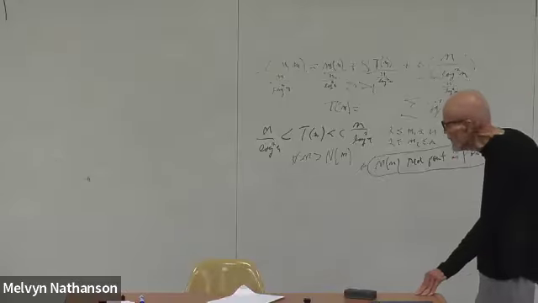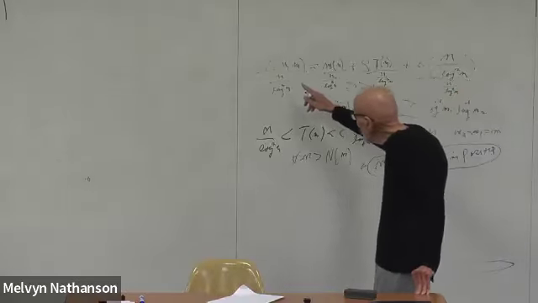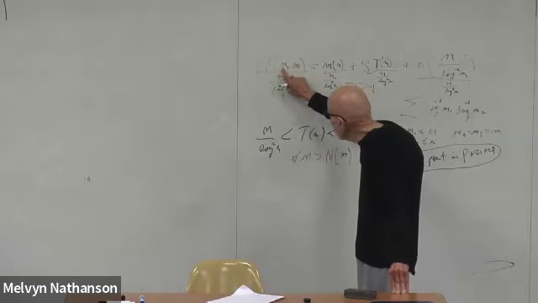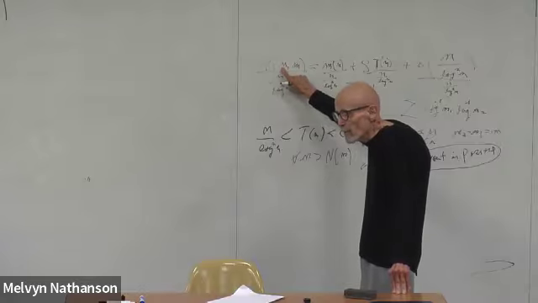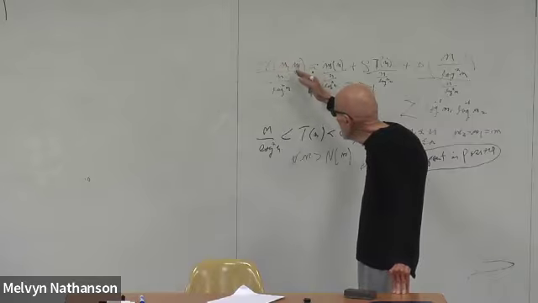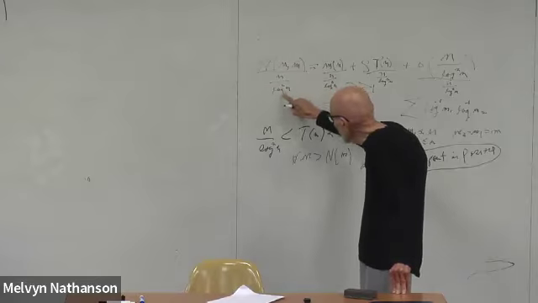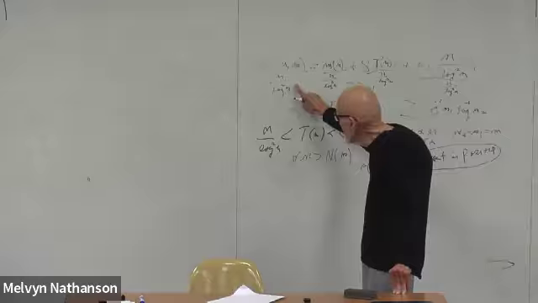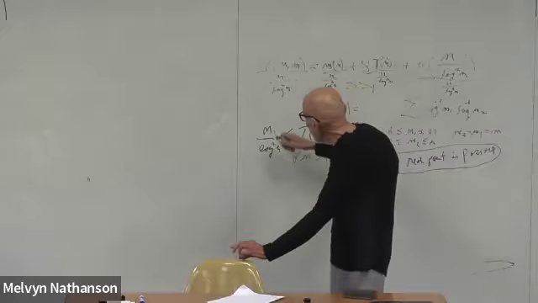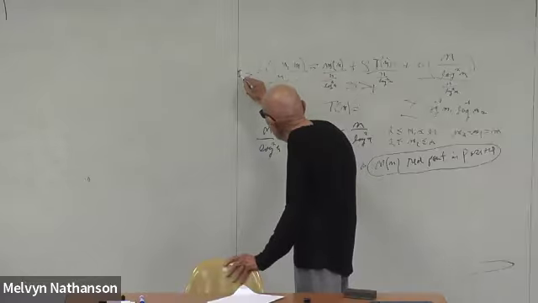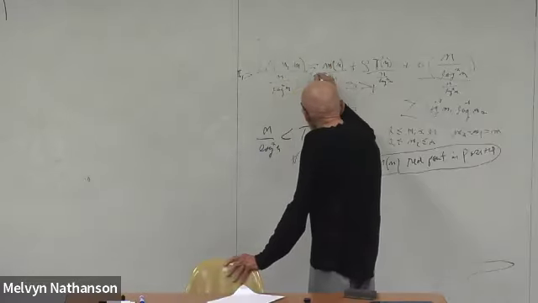Now, what happens if this is true, that there are an infinite number of m primes? Two cases. When you divide this by n over log squared n, Hardy and Littlewood would say this is less than or equal to a constant, and greater than another.